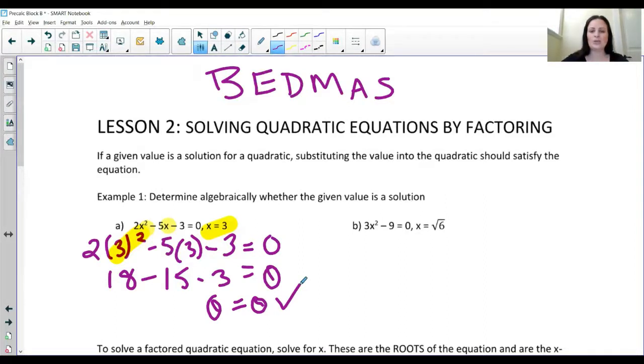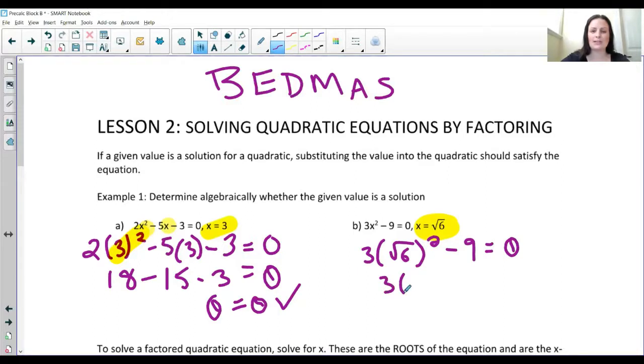All right, so we're going to do the same thing for this one over here. Instead, it's given us x equals root 6. So we're going to put root 6 in everywhere we see an x. And we're going to do exponents first.